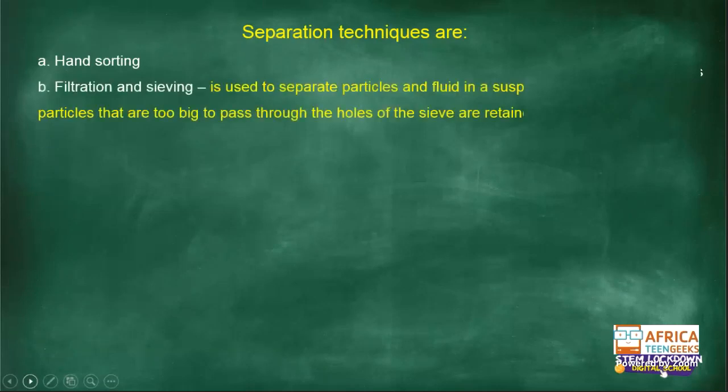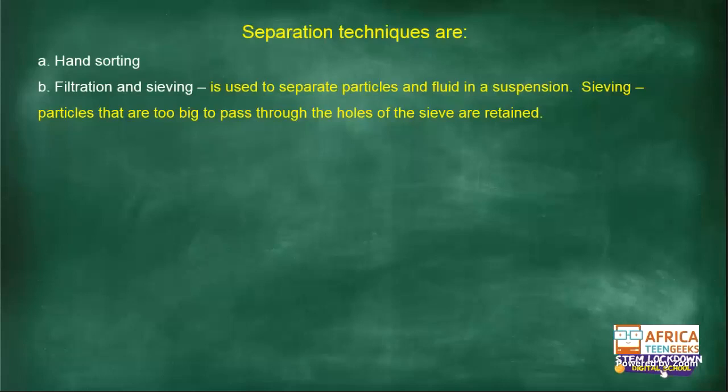Right. Then we have filtration and sieving. Basically, this is used to separate particles and fluid in a suspension. Filtration is the separation of fluids in a suspension, and sieving is where particles that are too big to pass through the holes of a sieve are retained.